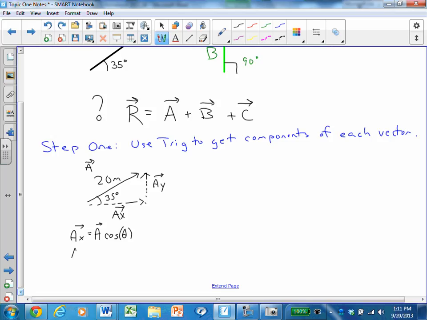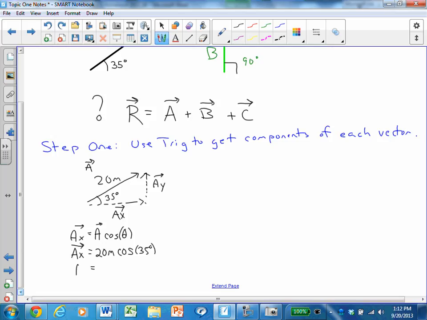AX is 20 meters cosine of 35 degrees. Now, everybody should have their calculator out and calculate what that is. If you're making mistakes with the calculator, we need to make them now so we can figure that out.